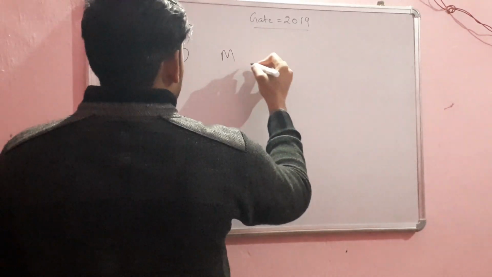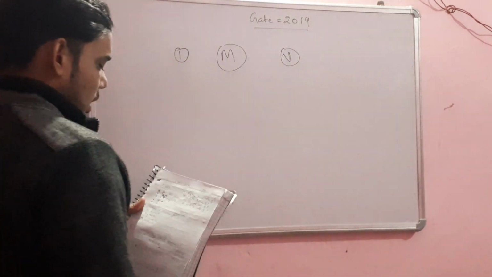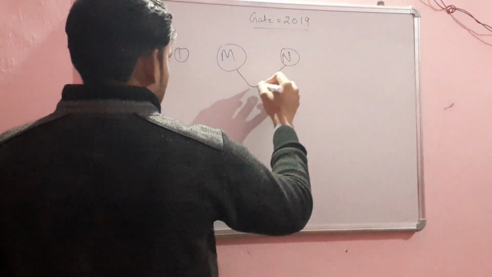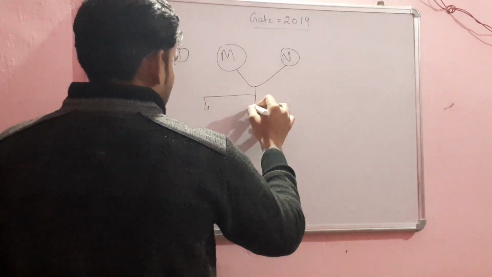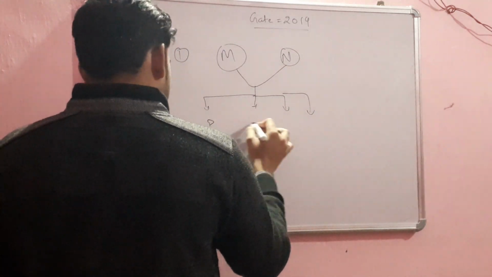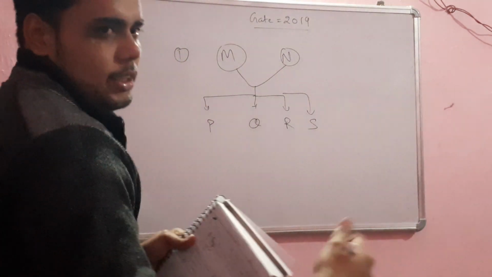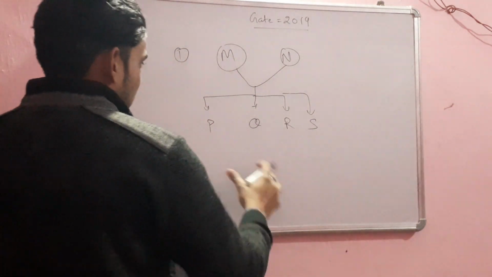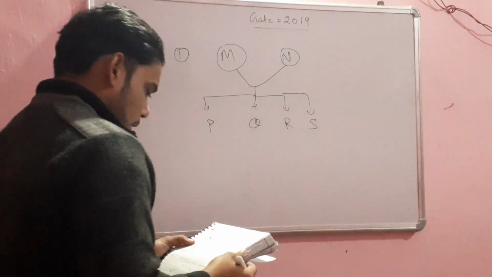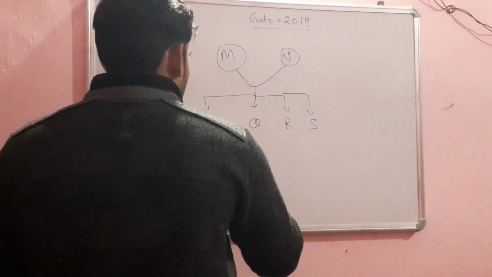The question says we have a relation question. M and N have 4 children. Why not? In earlier times, parents had multiple children. And P and R were married.